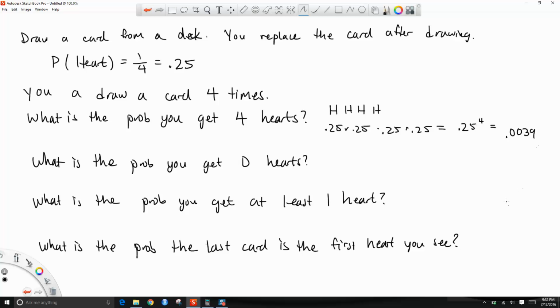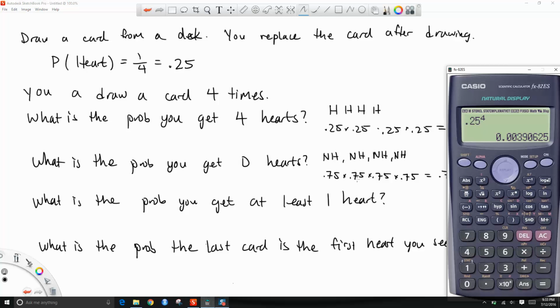Okay. 0 hearts means we have to get not hearts. So not heart, not heart, not heart, not heart. So 0.75 times 0.75 times 0.75 times 0.75, or 0.75 raised to the 4th. And we get 0.3164.